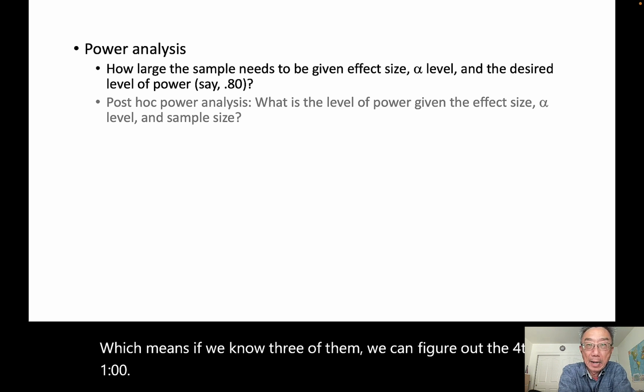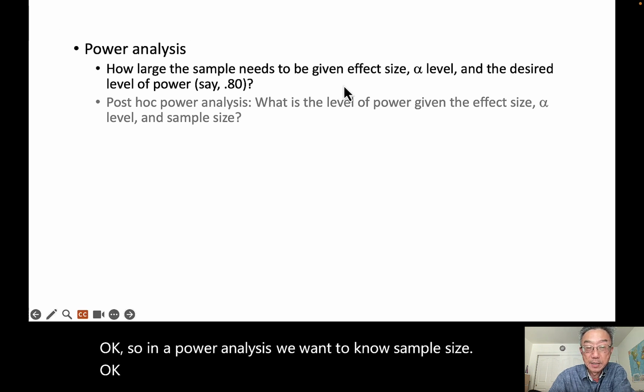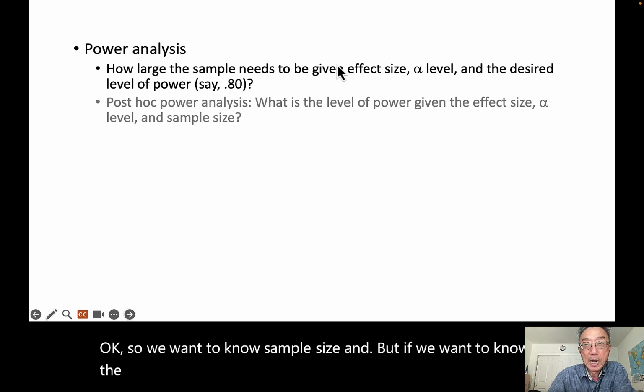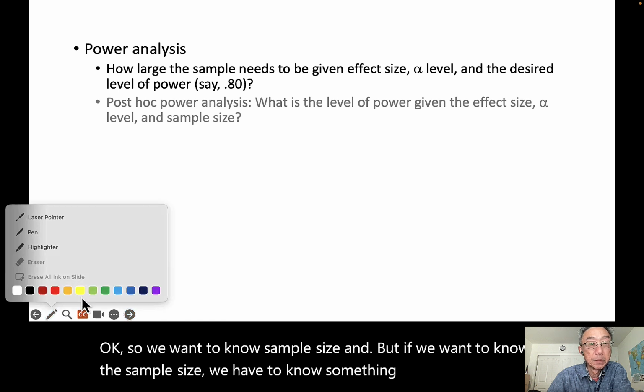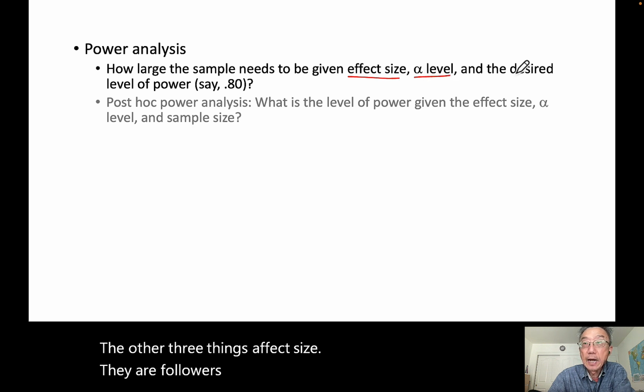Okay, so in a power analysis, we want to know sample size. But if we want to know the sample size, we have to know something about the other three things: effect size, the alpha level of the test, and the desired level of power that we want.